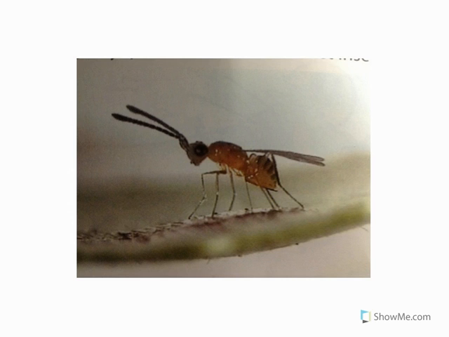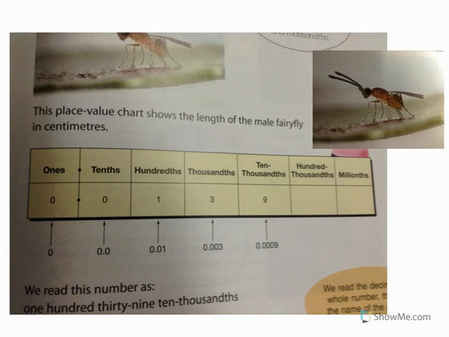Okay, so I know this is getting kind of long, but let me just give one more example. We're going to talk about the fairy fly, the world's smallest insect. This place value chart shows the length of the male fairy fly in centimeters. 0 and 139 ten thousandths.